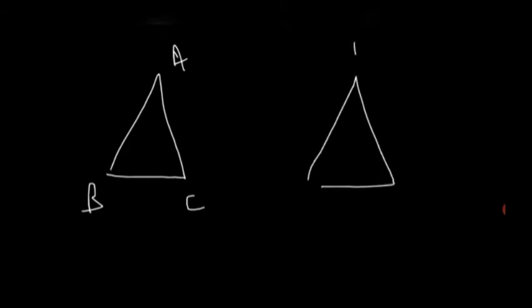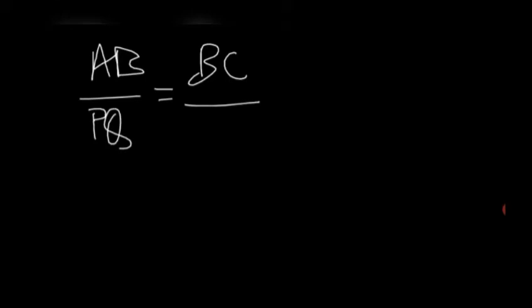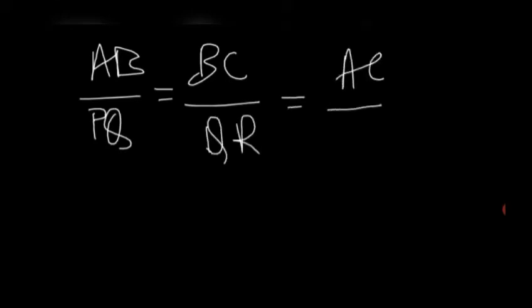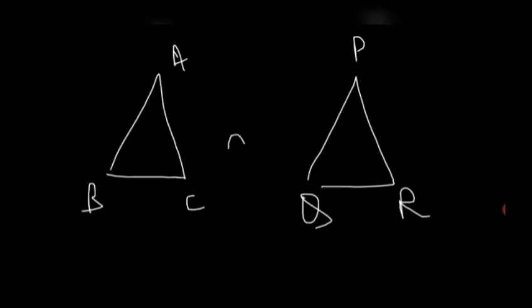So if there are two similar triangles ABC and PQR, we can say AB by PQ is equal to BC by QR is equal to AC by RP, equal to some constant C. Similar sign is shown by this.